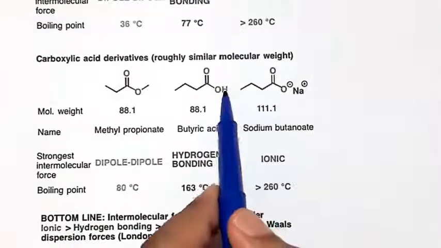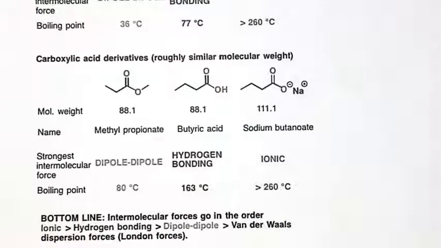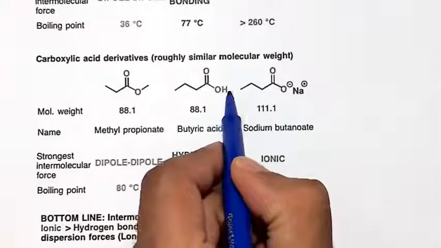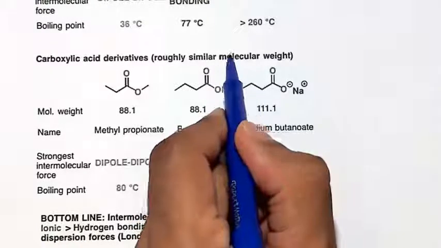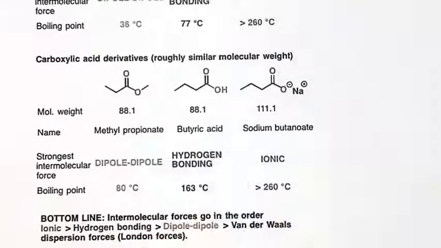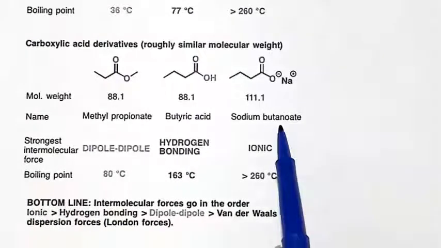Butyric acid, now you introduce that H, and that can be a source of a hydrogen bond. So this H will hydrogen bond with another oxygen. Oxygen can hydrogen bond with the hydrogen of another butyric acid, and that hydrogen bonding gives it a boiling point of 163 degrees. And then sodium butanoate.